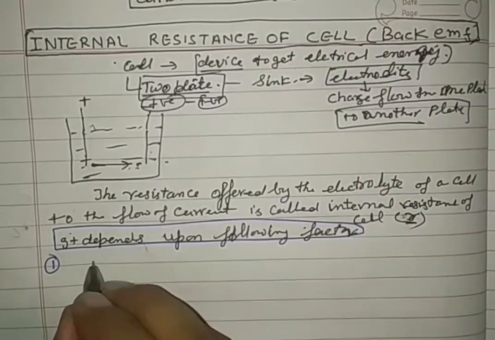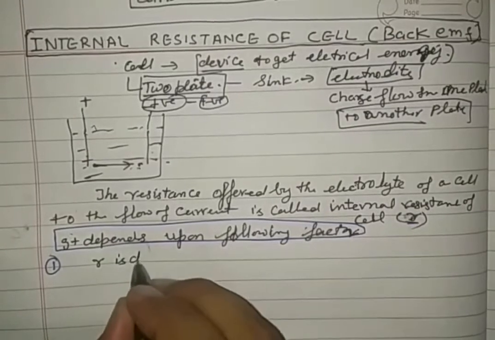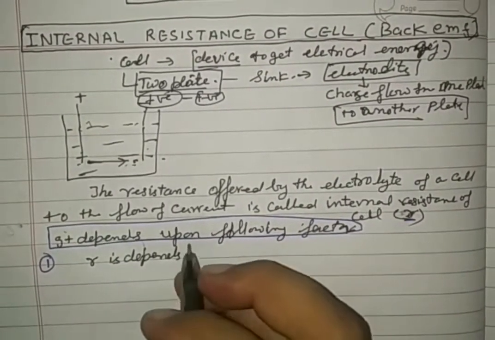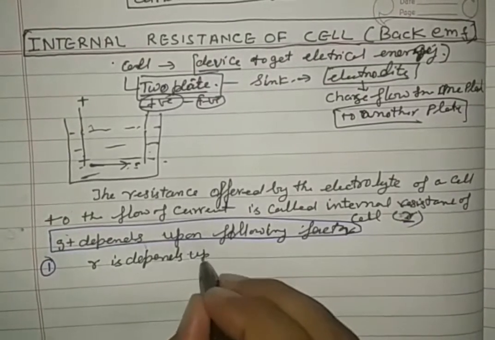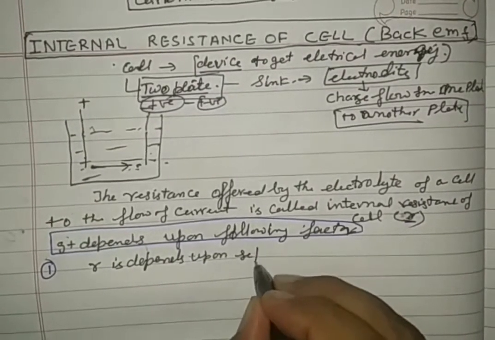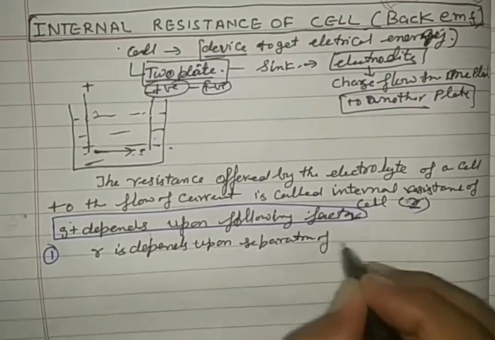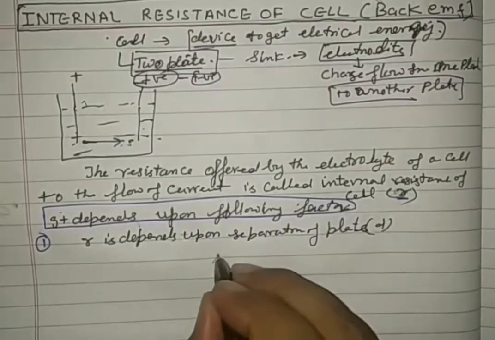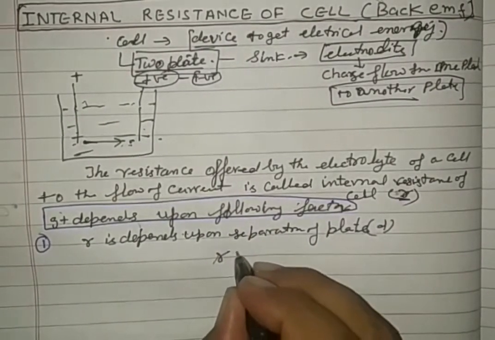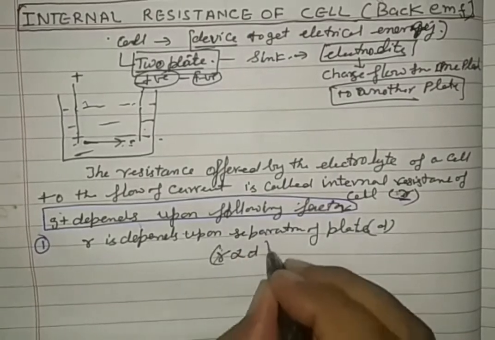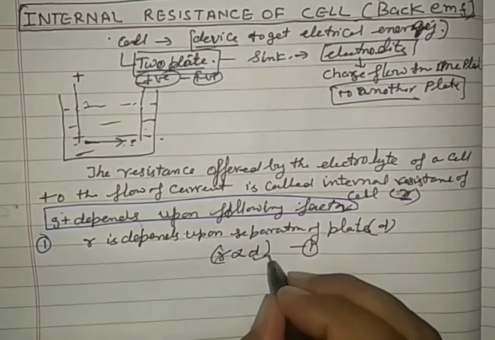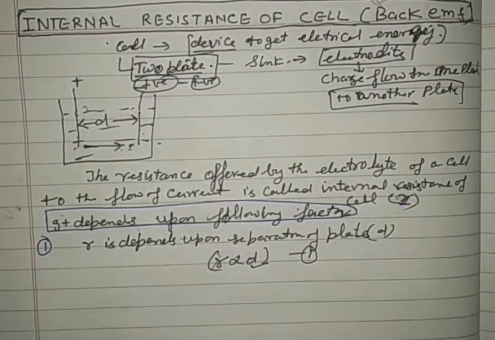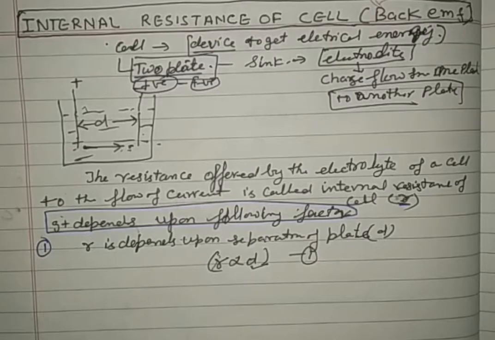Internal resistance of a cell, small r, depends upon the separation of plates, let separation be d. It is directly proportional to the separation between the plates. More separation between the plates, more internal resistance, less separation, less.